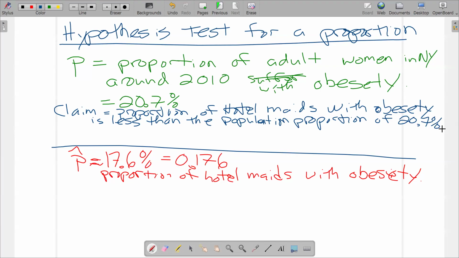All right, so again, based on my claim, what the population proportion represents in symbols, what are my hypotheses for the null and the alternative? How would you write that in symbols?